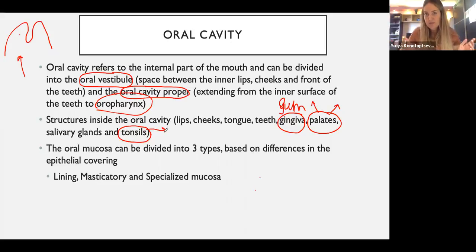And agree with me, it is very logical to have lots of tonsils in my oral cavity, because the oral cavity is the place where I constantly introduce new things by eating, drinking, right? I don't know, sucking my pen constantly when I'm stressed. So constantly bacteria are being introduced into the oral cavity. So tonsils are right there to protect.